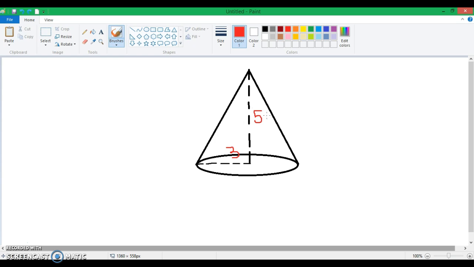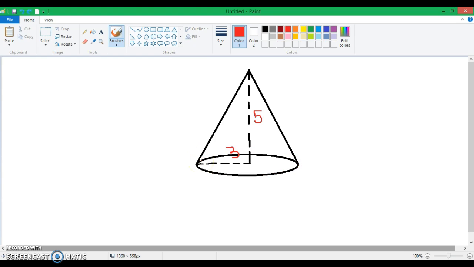So, let's get started. This cone I've set up has a height of 5 and a radius of 3. First, we need to find the area of the base, which is this circle right here.